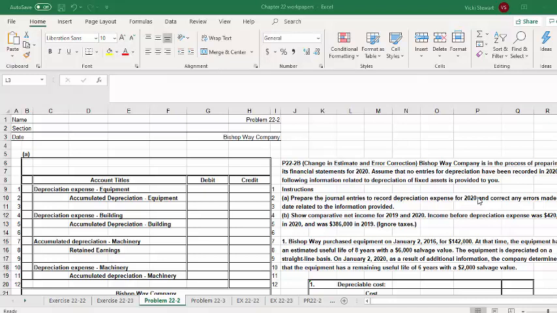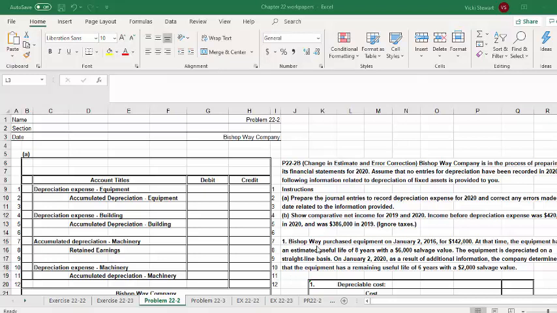Income before depreciation expense was $420,000 in 2020 and was $386,000 in 2019. So we will be making those entries for depreciation expense and also showing the comparative income statements, but we're first going to calculate the amounts for the depreciation expense in each of the three scenarios.